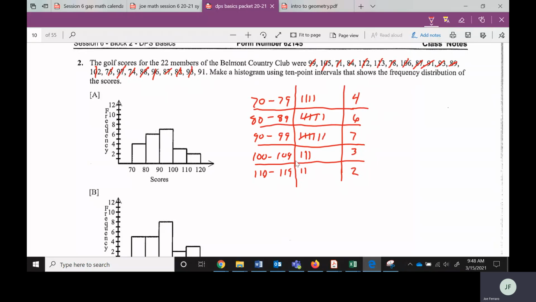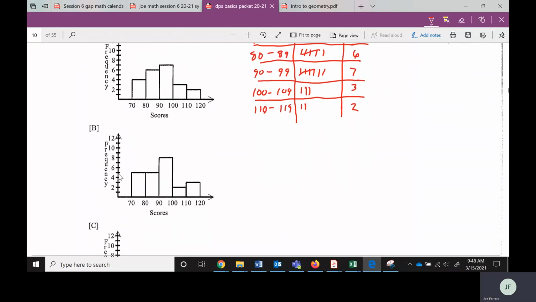Now what you need to do is just figure out which one of these answers matches this data. Okay, so 70 to 79 says 4. So that's okay. Letter B, this one is at 5. So if we're confident we did our distribution correct, we can cross out B. We don't even have to check the other ones. 70 to 79, we have 4, and this says 5.